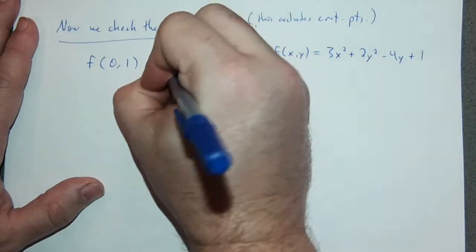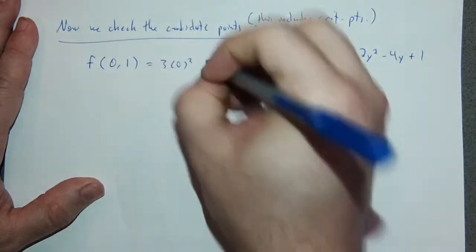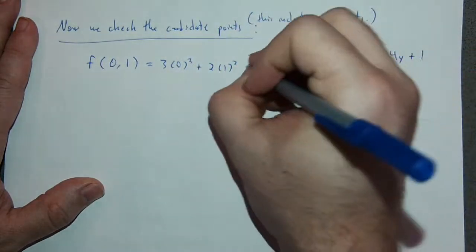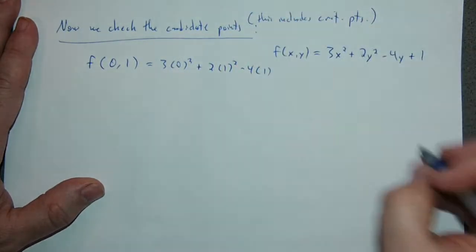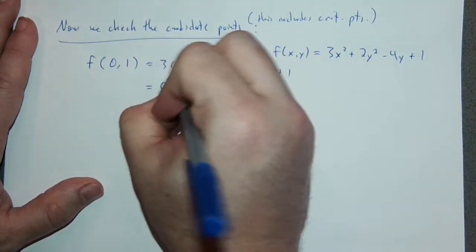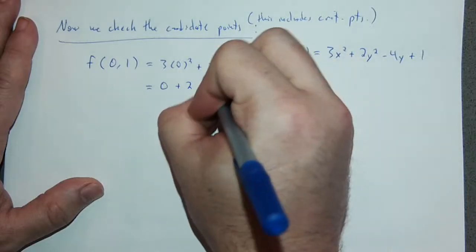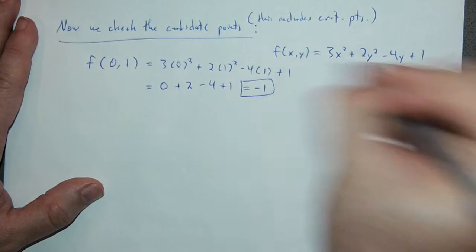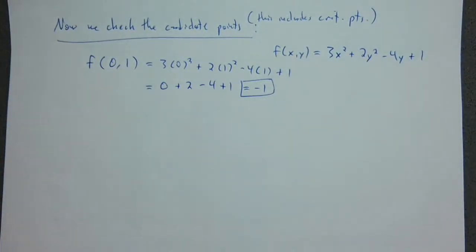That is 3 times 0 squared plus 2 times 1 squared minus 4 times 1 plus 1. So this is 0 plus 2 minus 4 plus 1. So that's minus 1. So f is minus 1 at 0, 1.